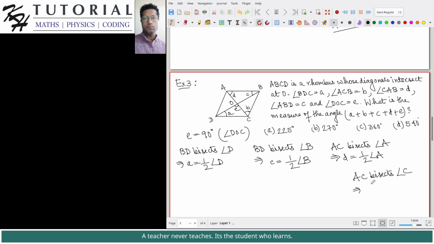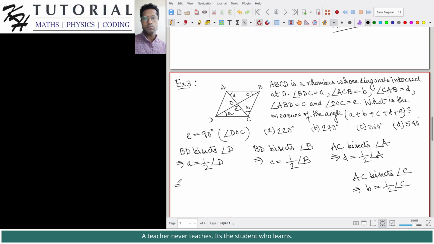So this will imply B is equal to half of angle C. So we have got all the angles A, B, C, D. Where is E? Oh, E is 90 degrees. So we have the angles in terms of the angles of the rhombus.